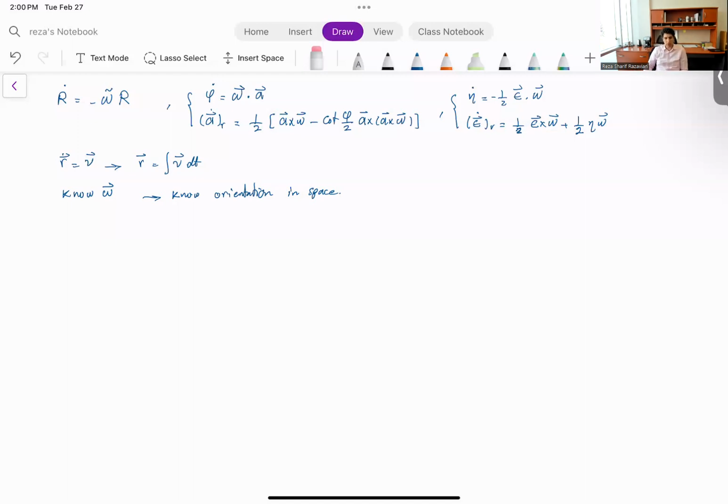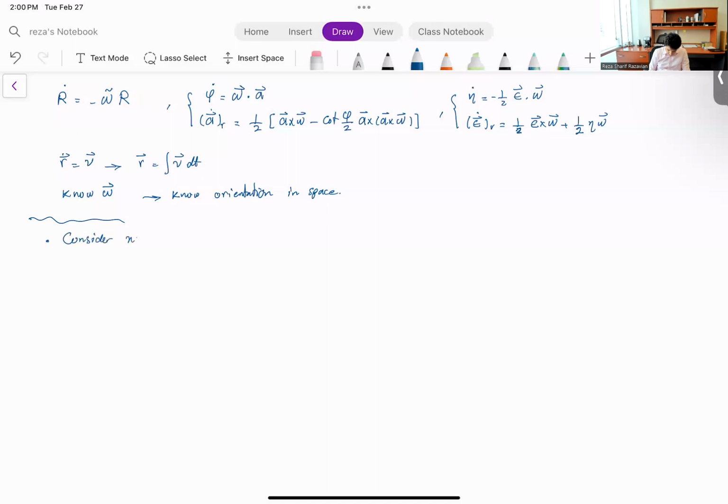So that's what we are trying to do. We are only looking at a frame in a space in its current form, and just a tiny infinitesimal change in its orientation. So let me maybe write it down.